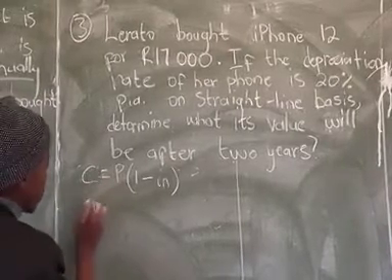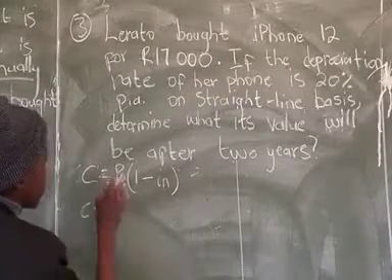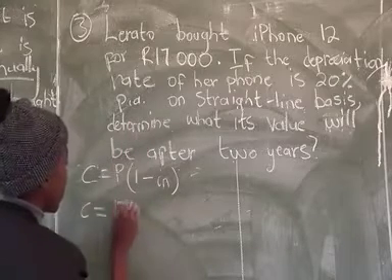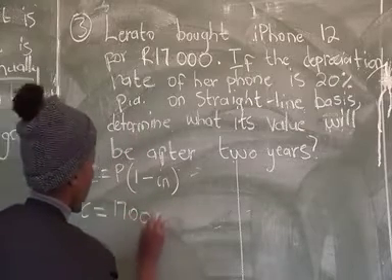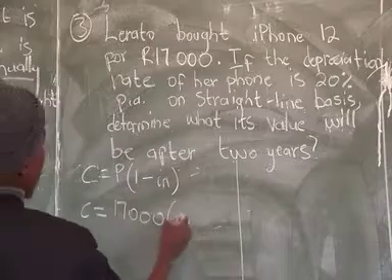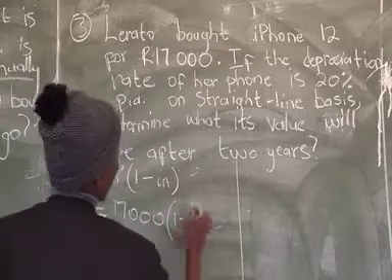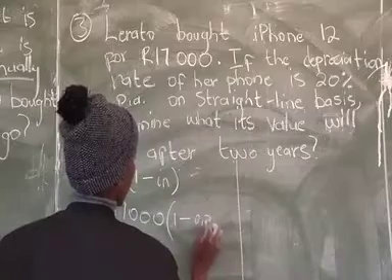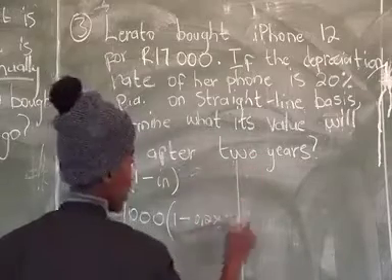This is what we want. Then they told us the starting amount, the principal amount, is how much? 17,000. And then how much is our interest rate? 20%, 0.2, multiplied by 2 years.